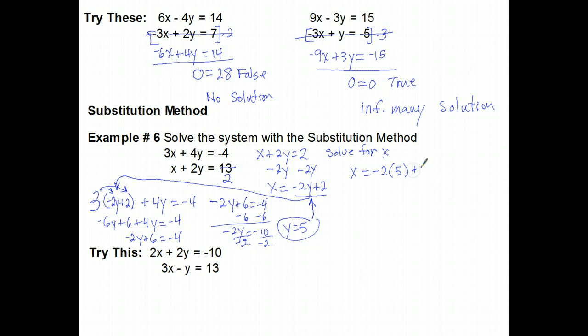So this is what we get. So x is equal to negative 2 times 5, which is negative 10, plus 2. x is equal to negative 8. So our solution to the system is negative 8, 5. Okay? And you go ahead and try this one.